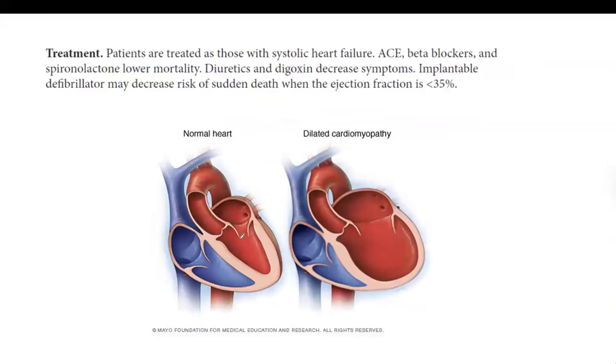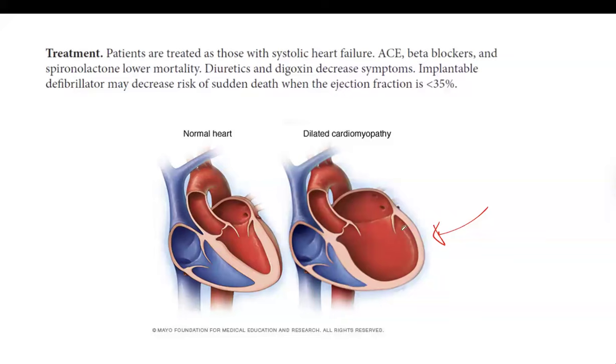So if we see here, this is the normal heart. And in a patient who has dilated cardiomyopathy, the heart becomes very much enlarged. When it becomes enlarged like this, it loses contractility. It can't contract as it should.